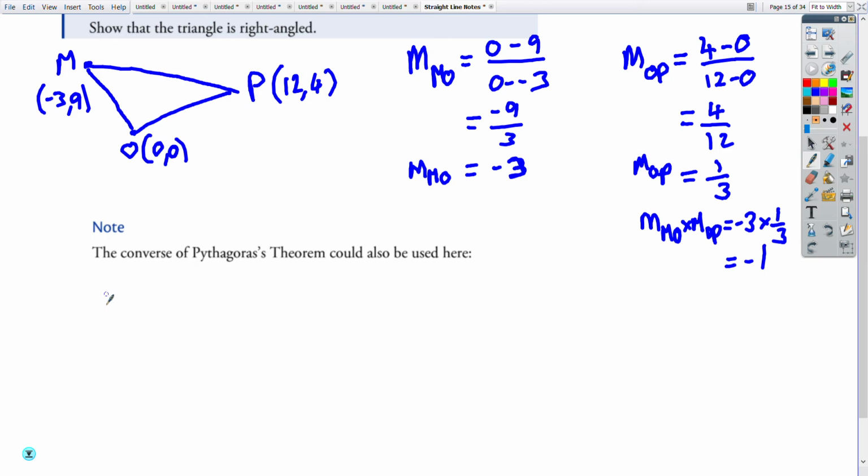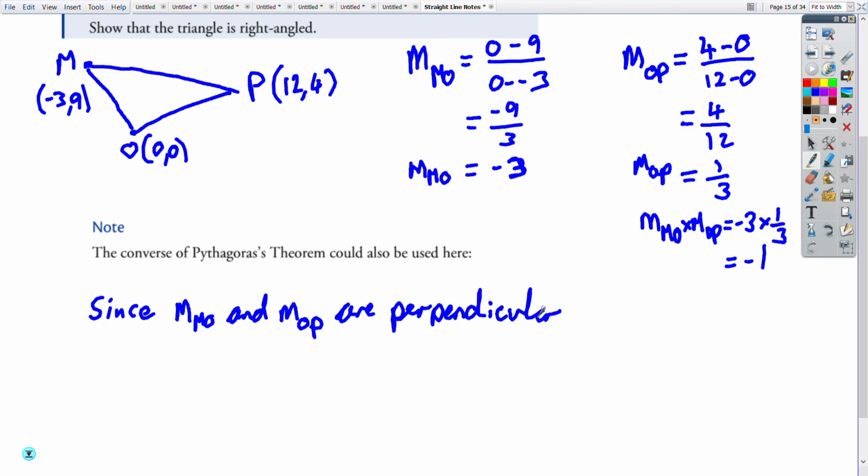And so you need to have, since MO and OP are perpendicular to one another, the triangle MOP is right angled.